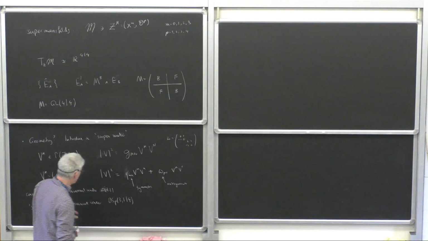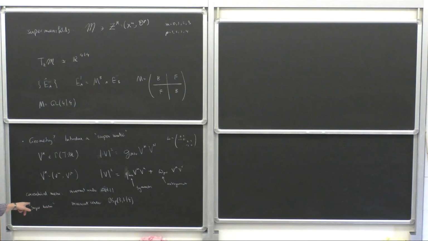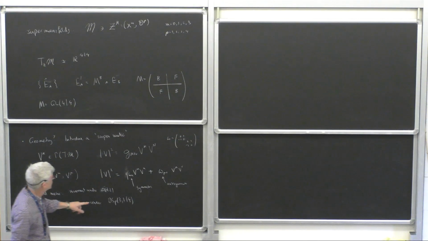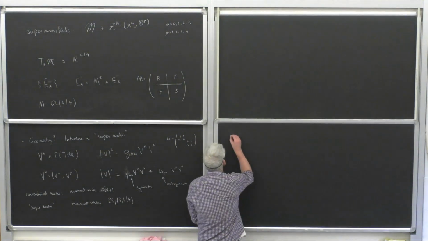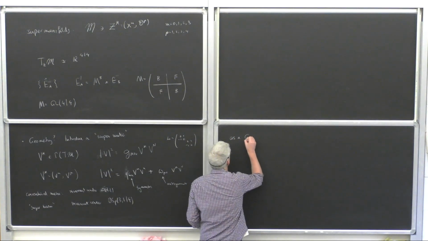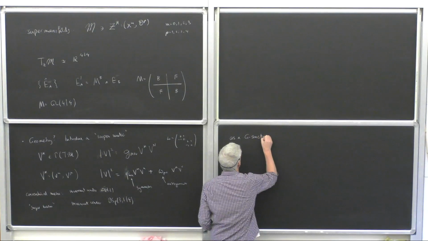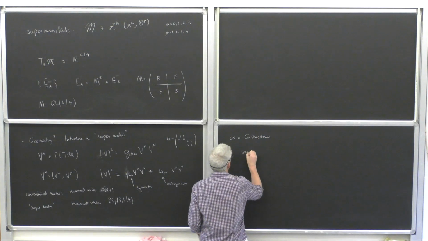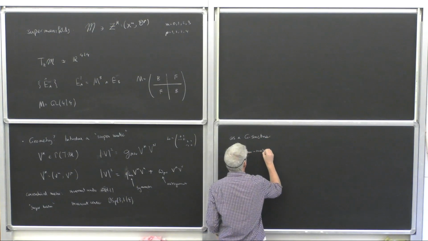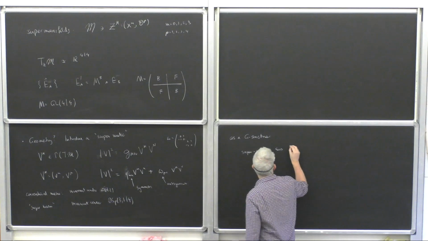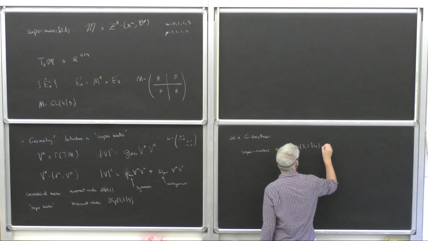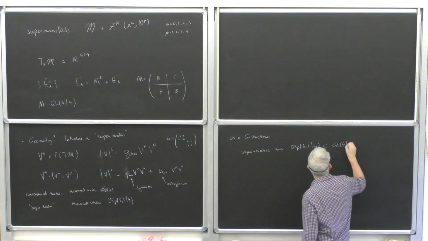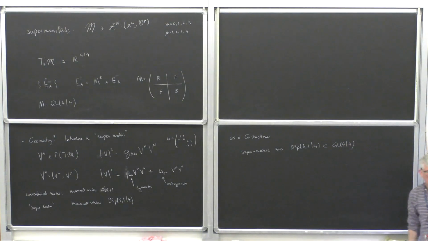So there is a group you might think about. If you had some supermetric, in our language as a G-structure, the supermetric is equivalent to OSp(3,1|4) as a subgroup of GL(4|4) as supergroups.